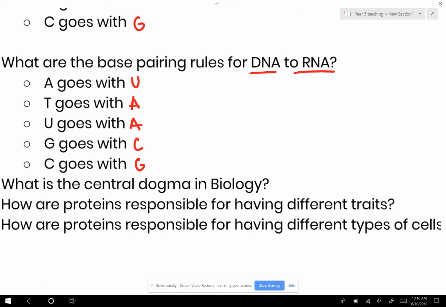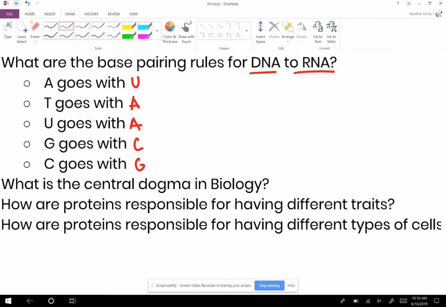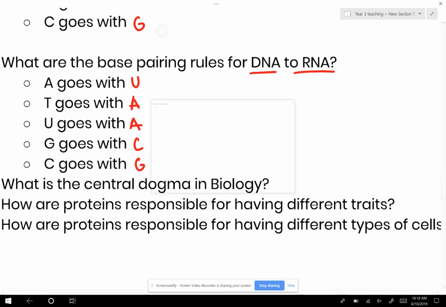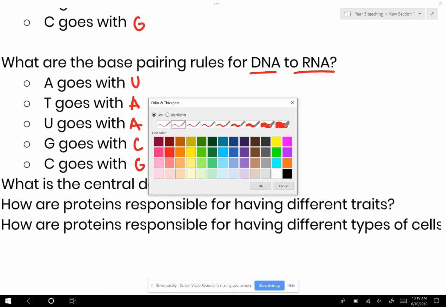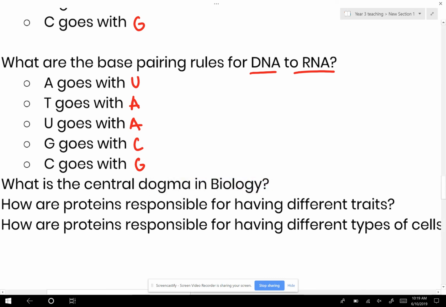So, next thing is the central dogma of biology, right? This is some of the stuff that we talked about earlier. So in the central dogma of biology, we're going from DNA to RNA to protein, right?